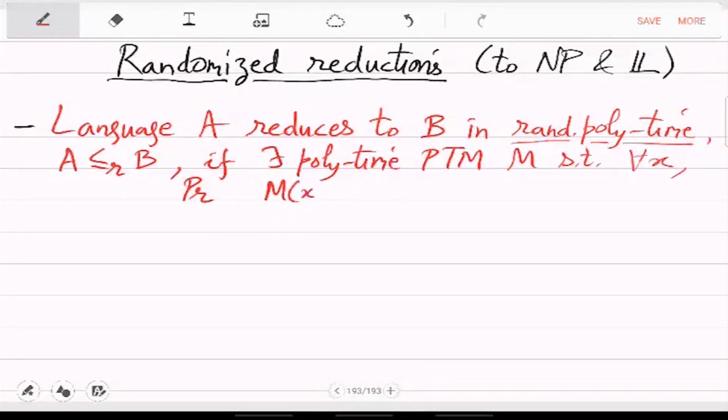So M will transform the input x to something else, M of x, and this will be given to B. And we want this to be equal to A of x. So the chance that this happens will be quite good. Okay, and here the probability is over random bits of M.